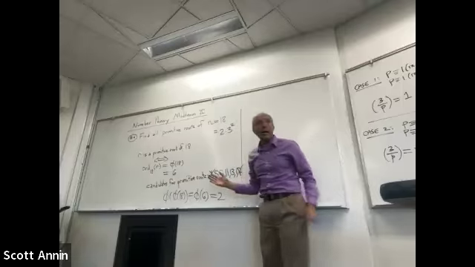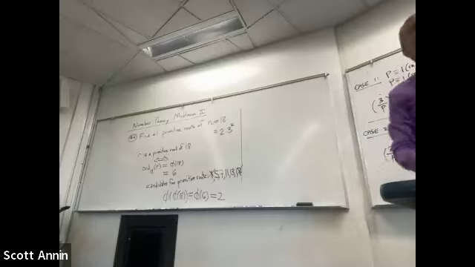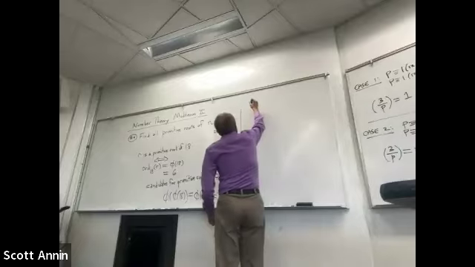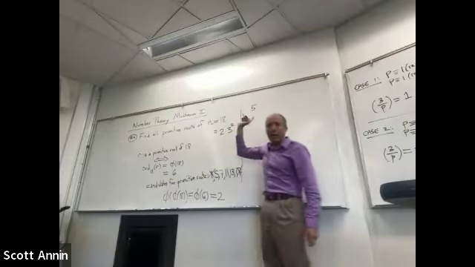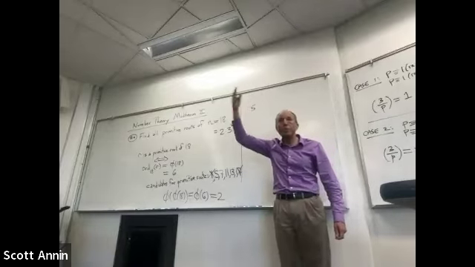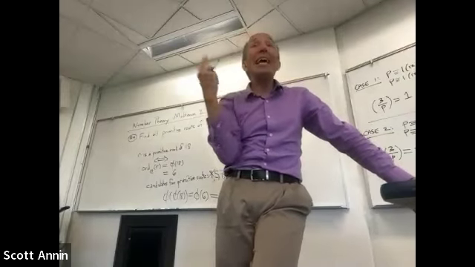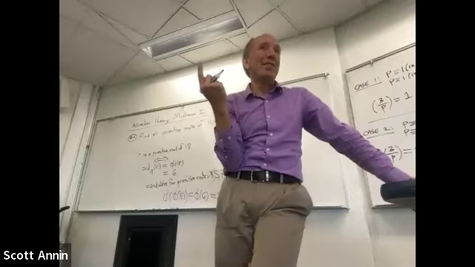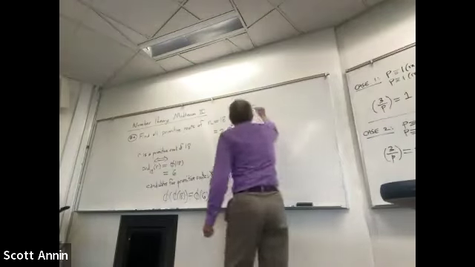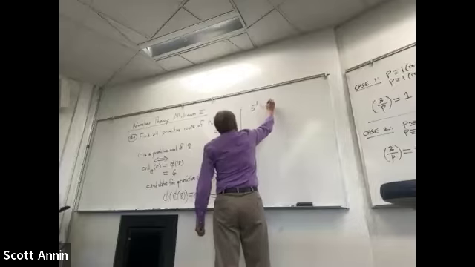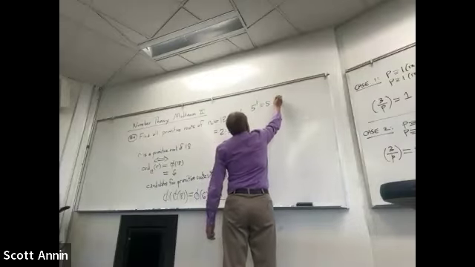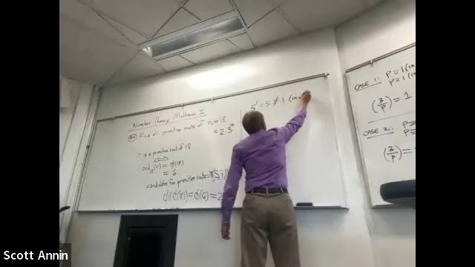Let's just try 5. Okay, so we can try 5. Now, what am I going to be doing with 5 right now? I would like to calculate its powers in order to see in mod 18, what is its order. So obviously the first power of 5 is 5, and that's not 1 in mod 18.